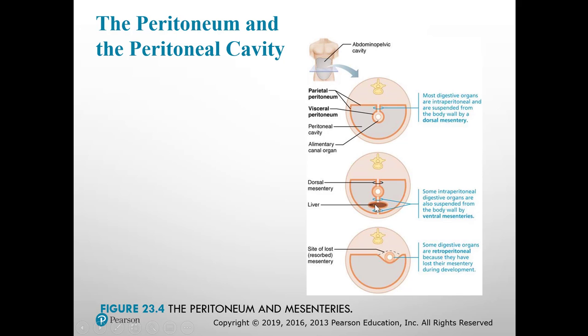Now, there is also something that is going to anchor another mesentery, possibly a portion of the gut, into the ventral or anterior wall of the abdominal cavity, and that's what you call the ventral mesenteries.